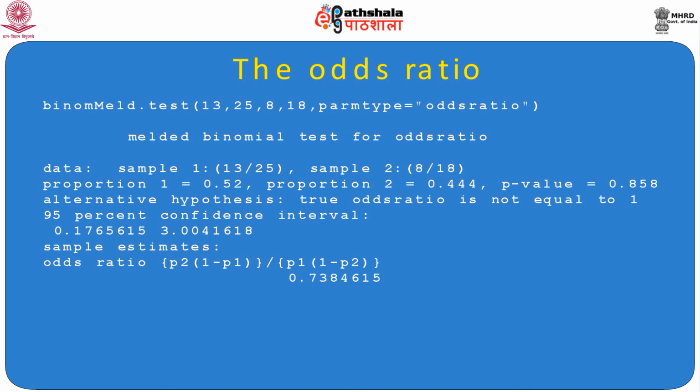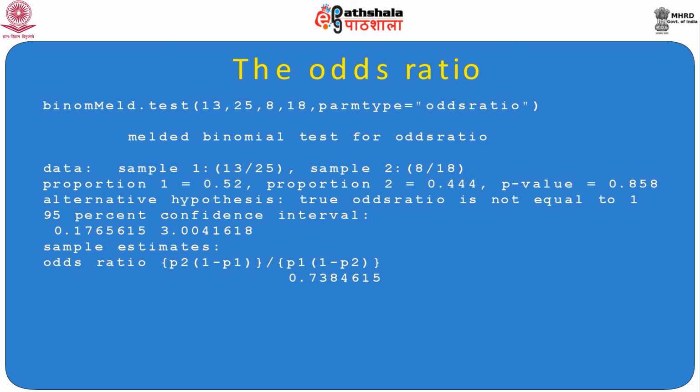Now another function for odds ratio testing is the binomial test, where 13, 25, 8 and 18 are considered, with a melded binomial test for the odds ratio. Here we get the confidence interval for the odds ratio as 0.17 to 3.00, and the odds ratio is considered as P2 with 1 minus P1 divided by P1 with 1 minus P2, and as a result we get an odds ratio estimate of 0.73.